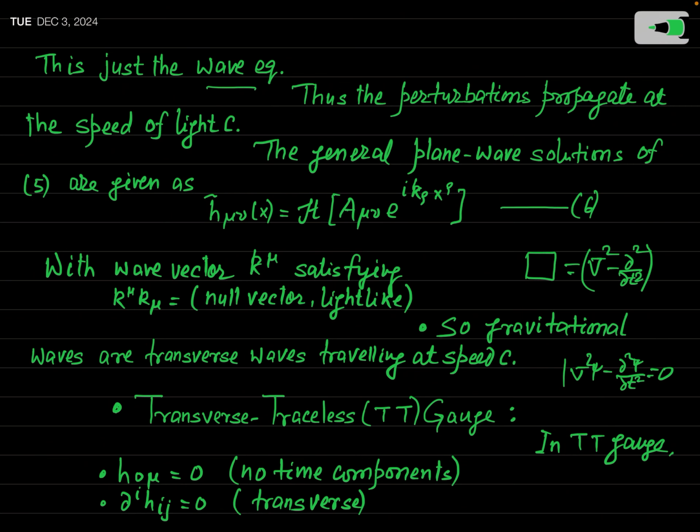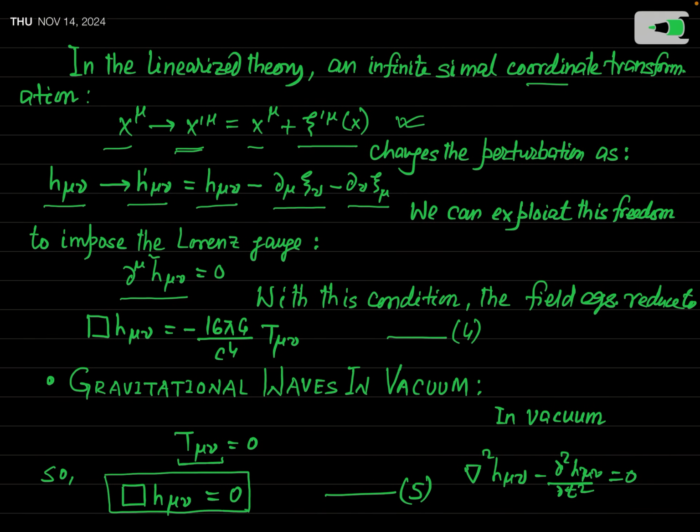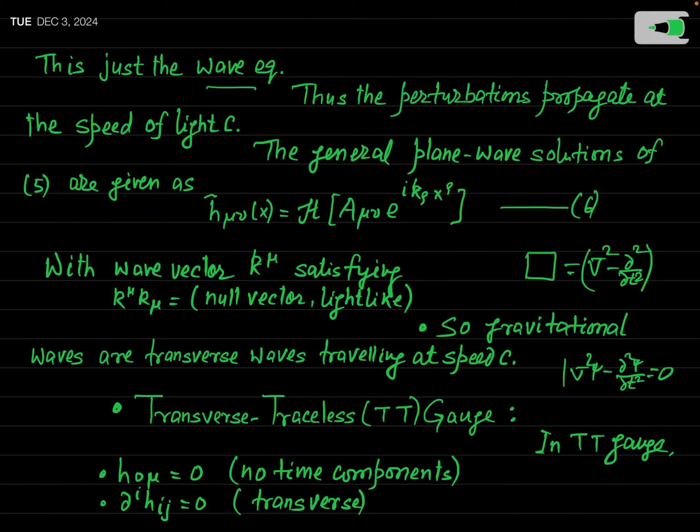So you can say that this perturbation h_μν just acts like a wave function. As in the case of an electromagnetic wave, where the electric field vector and magnetic field vector propagate like a wave, just like that, here this perturbation h_μν propagates like a wave traveling at the speed of light c.